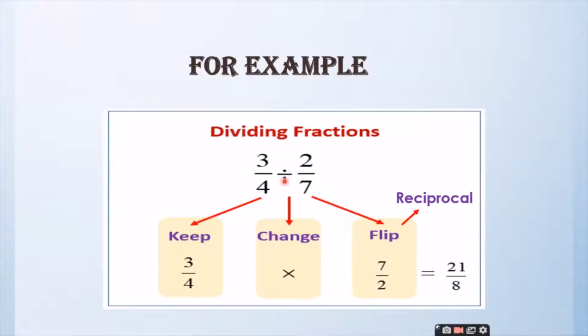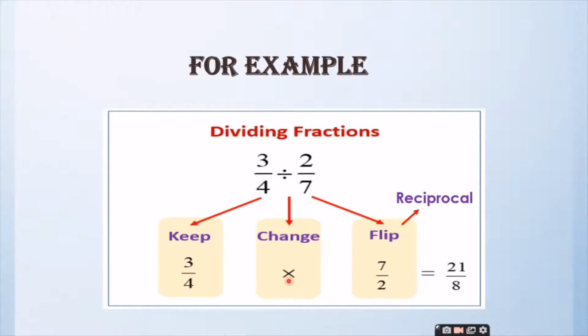Step number 2 is change the division sign into the multiplication sign. And the third step is flip the second fraction to write the reciprocal. The second fraction is 2 upon 7, and when we flip it, it will be 7 upon 2.